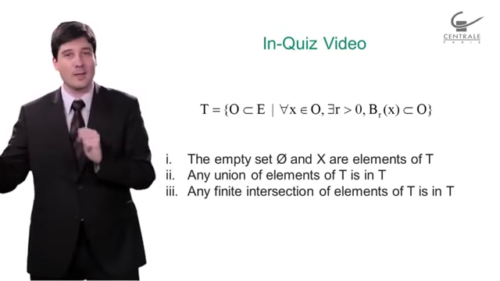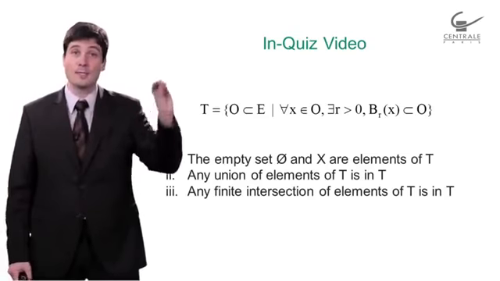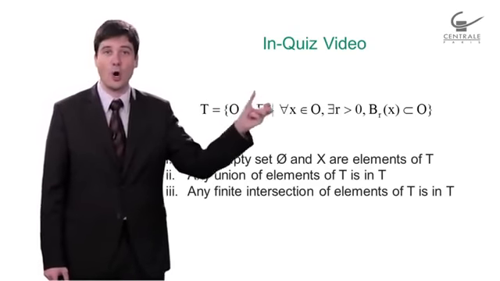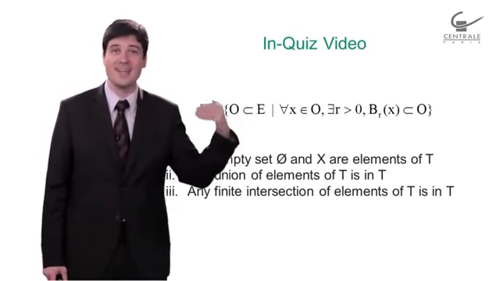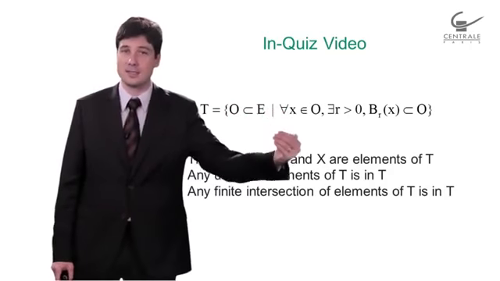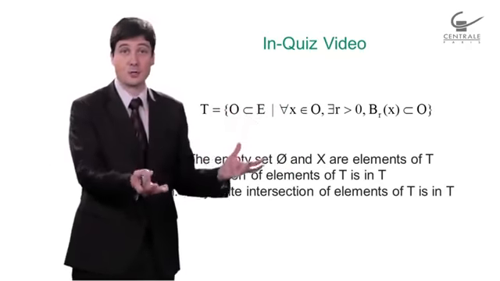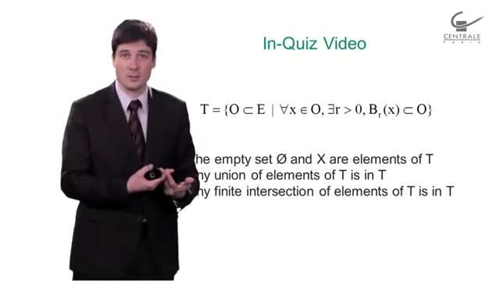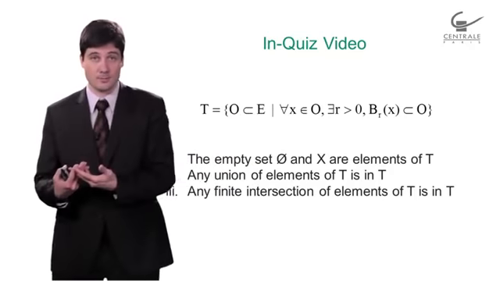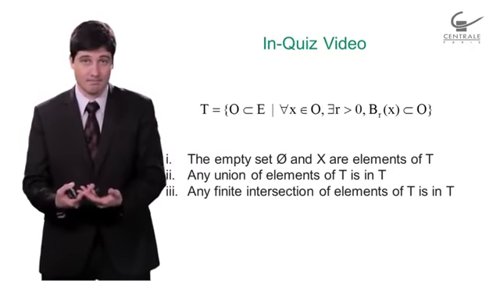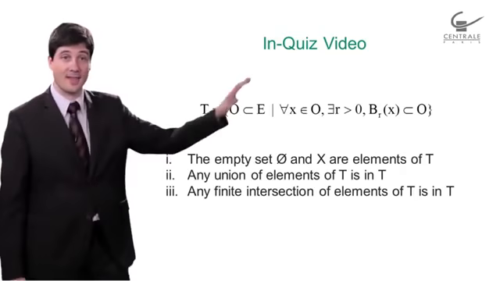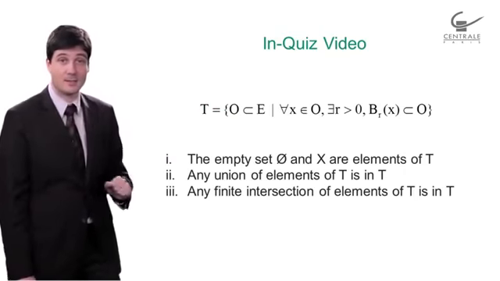So this ball centered in x with radius r is going to be included in every single set that I started with. So the intersection works. All right? So what we have is that T is a topology.